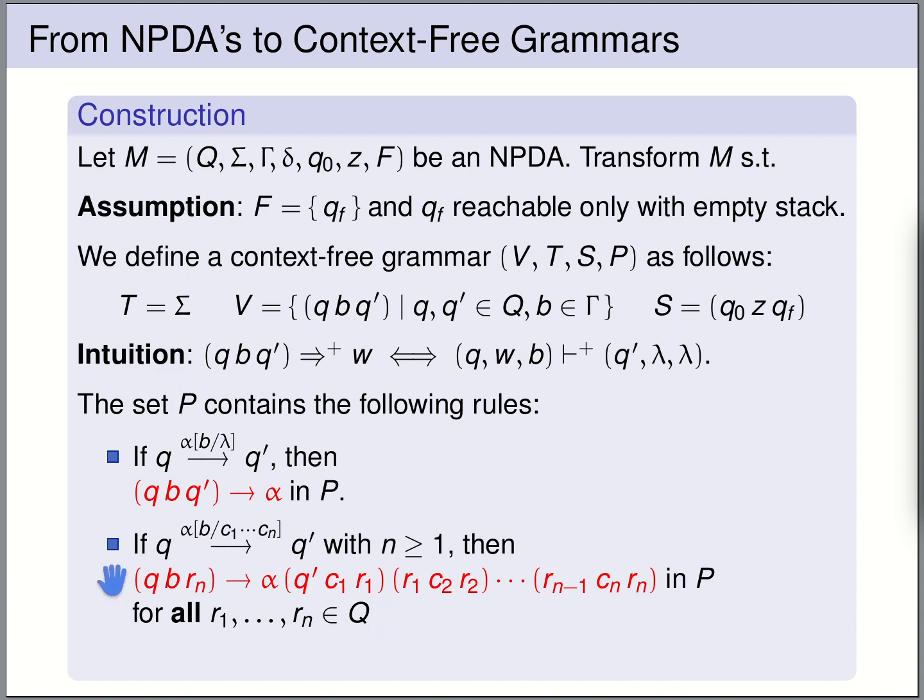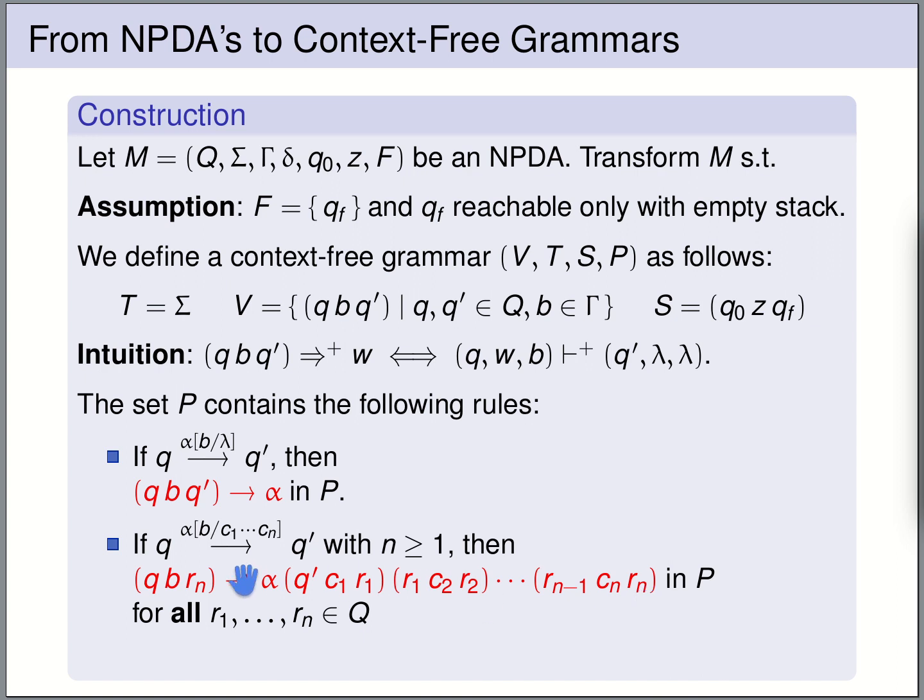So we add a lot of rules to our grammar for all possible assignments of states r1 up to rn. So how do these rules look? The variable qbrn can be rewritten to alpha, q' c1 r1, r1 c2 r2, and so on, rn minus 1 cn rn.